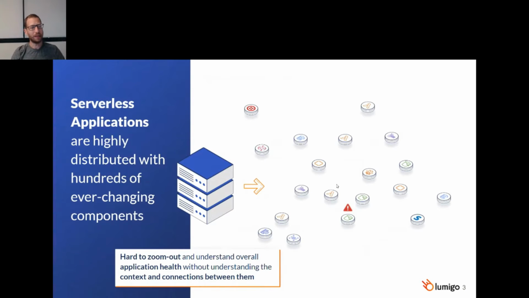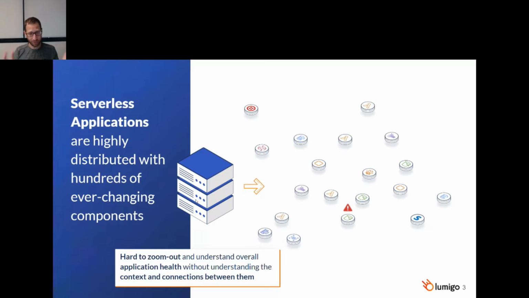With that in mind, what are the challenges of monitoring those environments? So whether it's serverless or containers, Kubernetes, I think the main point is we're no longer in the three-tier application architecture. We're dealing with distributed architecture, when you have dozens or hundreds of ever-changing services.